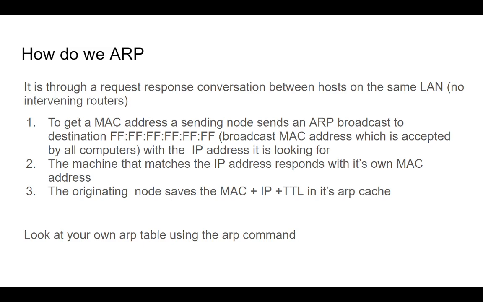The packet has that FF and it has the IP address that it's looking for. The machine that matches the IP address responds with its own MAC address. And then that will be put in the ARP table, the ARP cache for my computer. So if I get a response, then I will save the MAC address, the IP address, and a time to live in my ARP cache. So let's have a look at our ARP table using the ARP command.